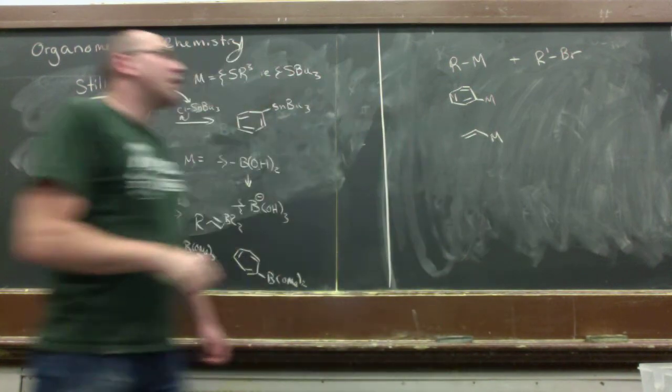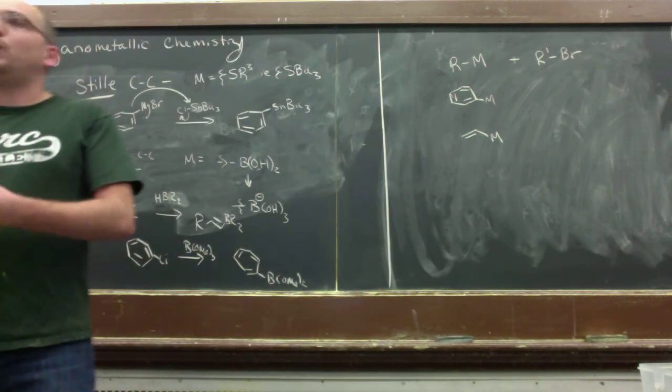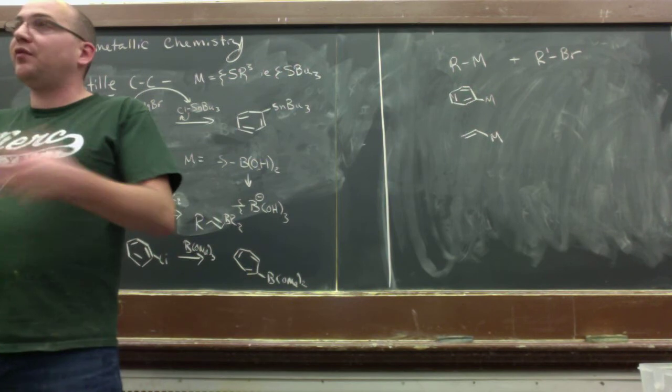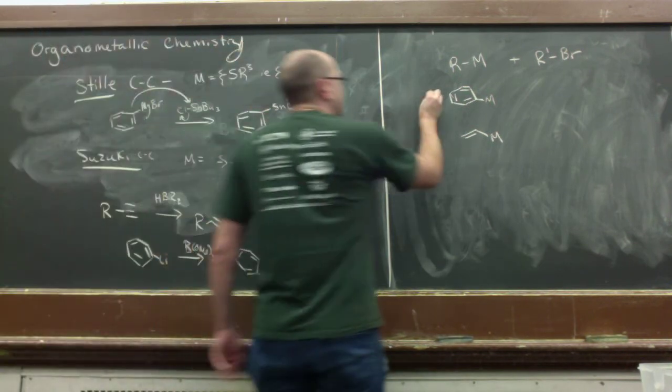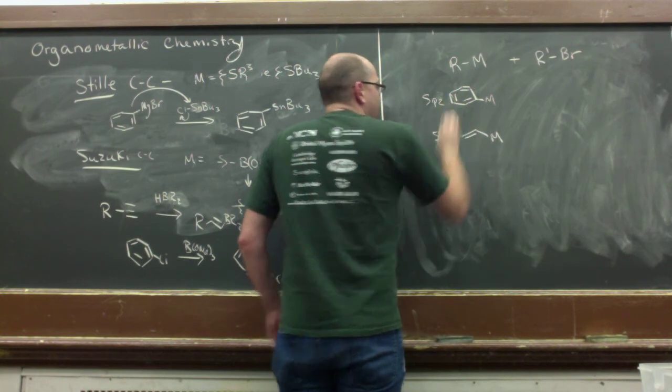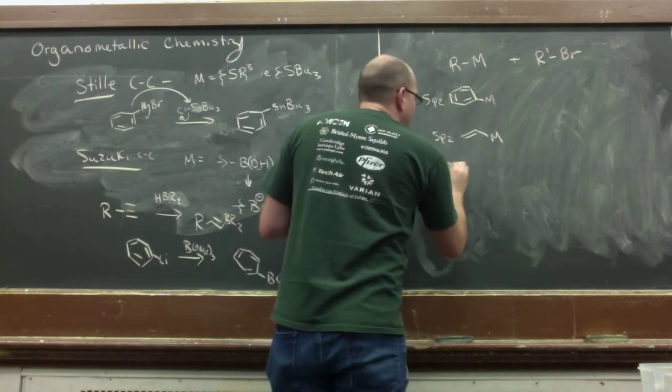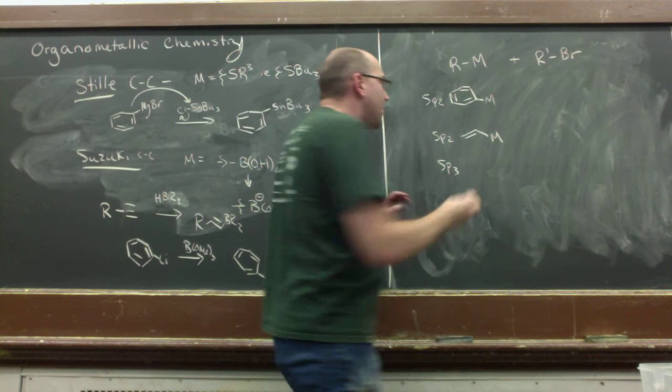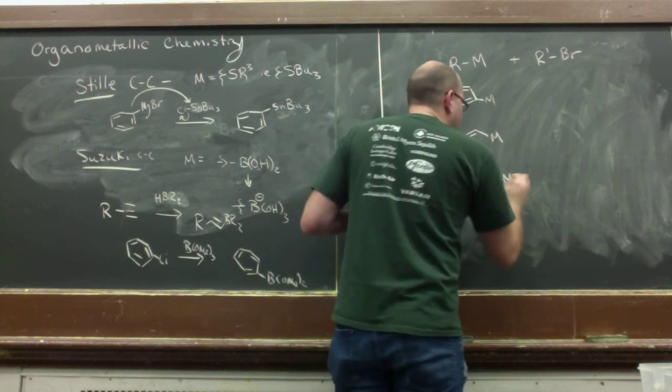And as it turns out, you can also do alkyl, so you can actually have sp3, so sp2, sp2. But in the case of sp3, it's a little bit slower.